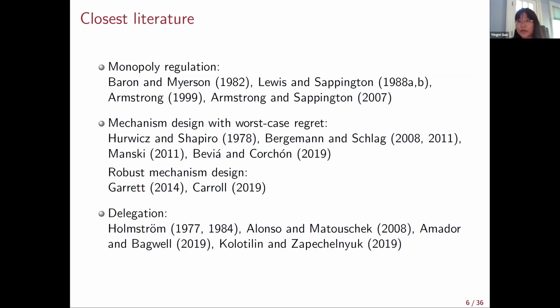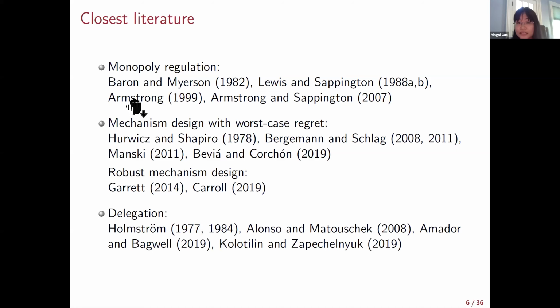Right? So the regulator in this case has a prior belief over a cost parameter or demand parameter, and he wants to minimize the expected regret. We differ in our approach to uncertainty. Our regulator wants to minimize the worst case regret.